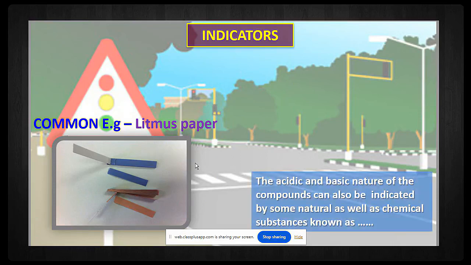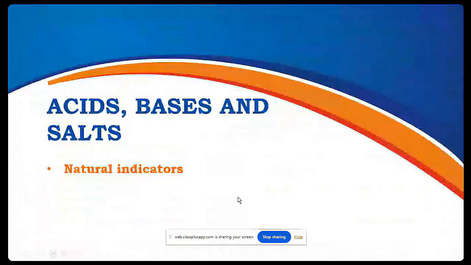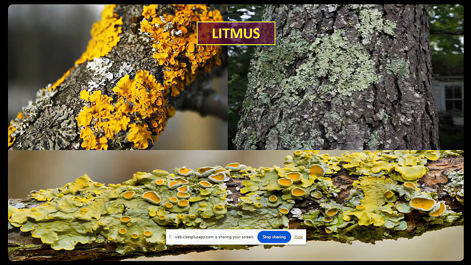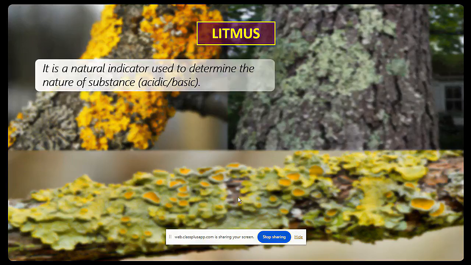We'll see here. The acidic and basic nature of compounds can also be indicated by some natural as well as chemical substances known as indicators. Now, natural indicators. The example for natural indicators is litmus paper, which we obtain from lichens. It is a natural indicator used to determine the nature of a substance, whether it is acidic or basic.